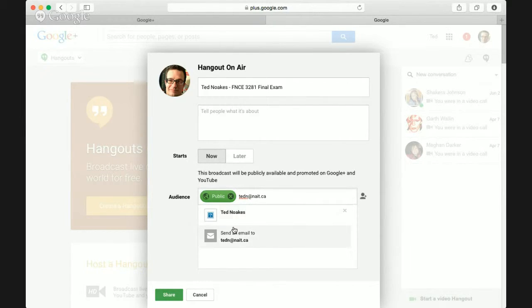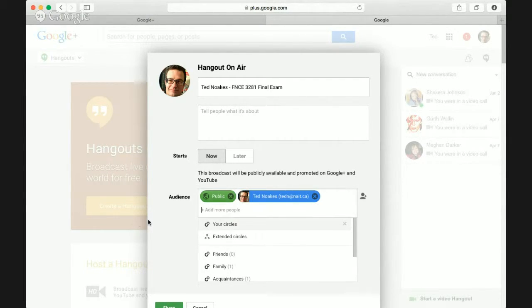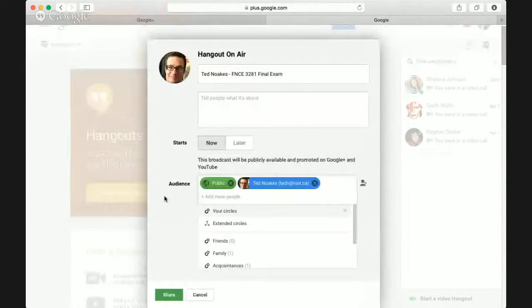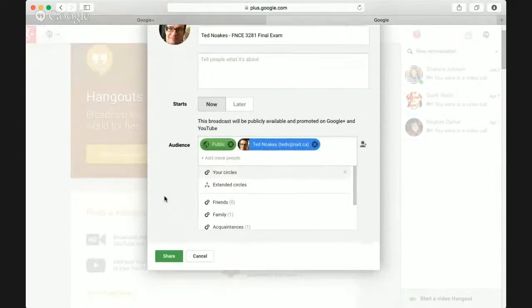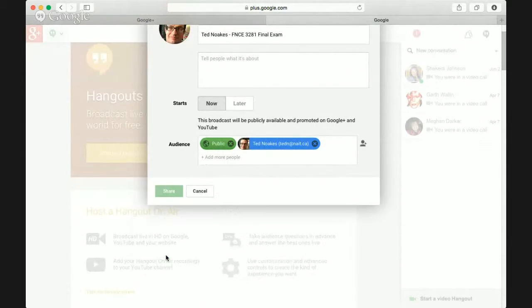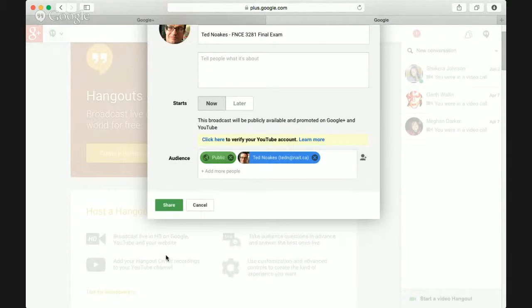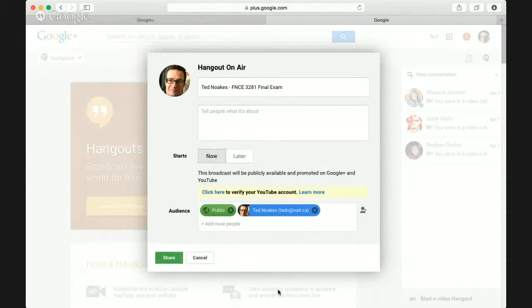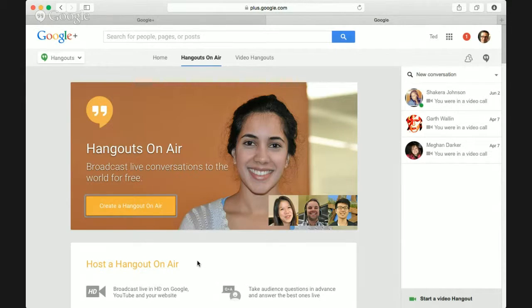That would allow me to come in and help you out should you be having troubles, not with the content of your exam, if I happen to be around, but with setting it up perhaps. And then you hit share and away you go. Now it might not work for me because I'm already in a Google Hangout right now. But that's how you would do it.